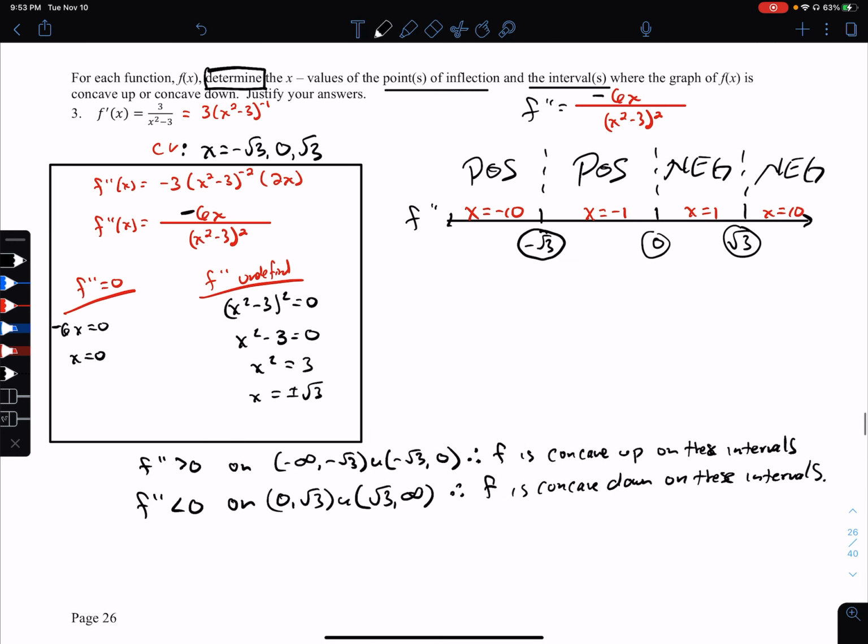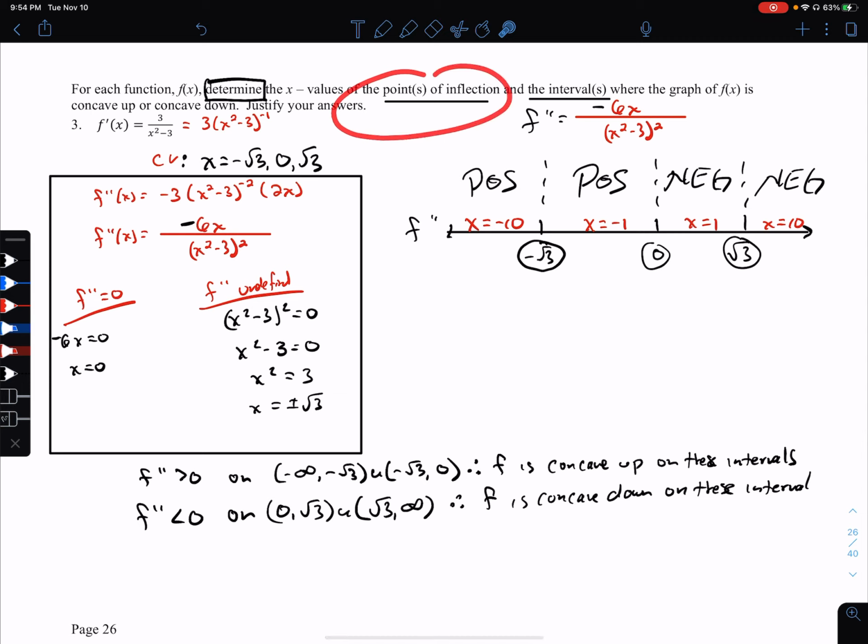Now we answered the second part of the question: determine the intervals where it's concave up and concave down. We didn't answer where the points of inflection are. A point of inflection is where the concavity changes. This is the only place where there's going to be a point of inflection.